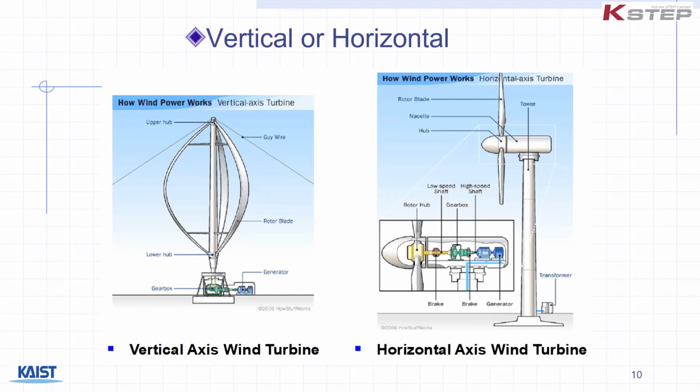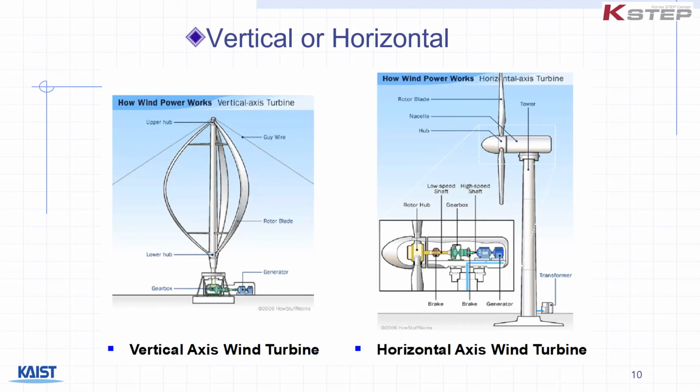Okay? And that is the typical shape we are accustomed to. And on the left-hand side, the rotational axis is vertical to the Earth's surface. And this is not popular in the real world, right?